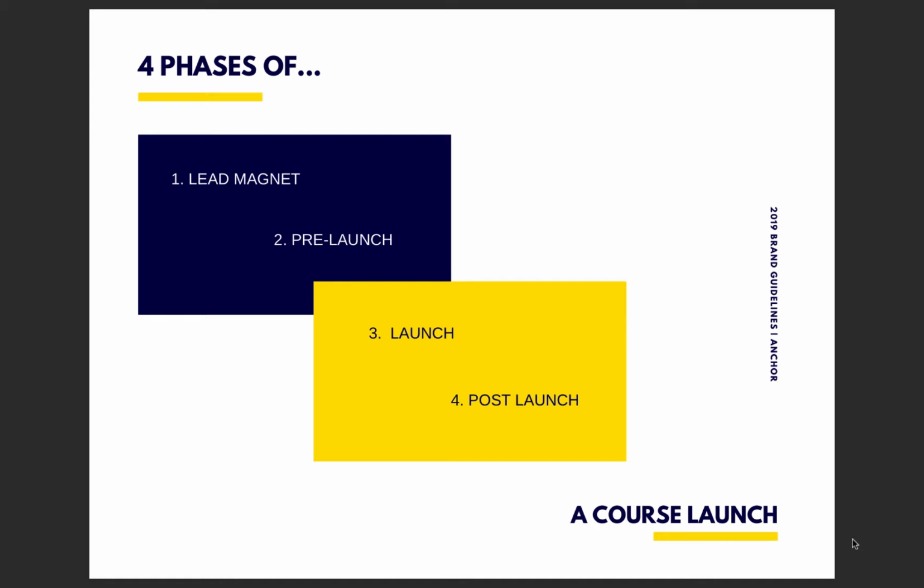You can use a lot of resources to create your lead magnet, things like Lead Pages, ClickFunnels, Online Sales Pro, and a few other software. But your lead magnet is one of the most important things, because that's what's going to generate your leads, and that's what's going to let your customers know that you have a product that they need or want.